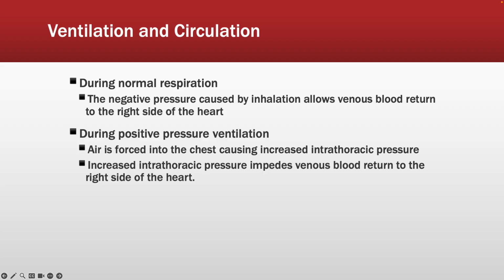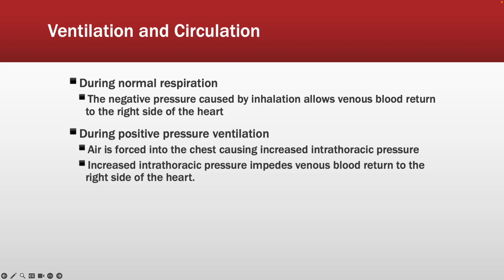So, with ventilation and circulation, during normal respiration, the negative pressure caused by inhalation allows venous blood return to the right side of the heart. During positive pressure ventilation, and this is very important to consider, our normal respiration works on that negative pressure we talked about, with the diaphragm contracting and pulling air in more like a vacuum.